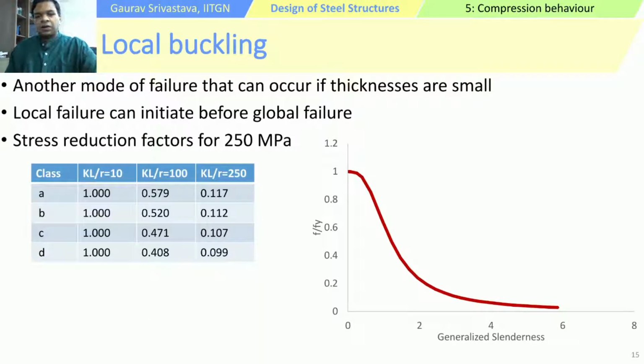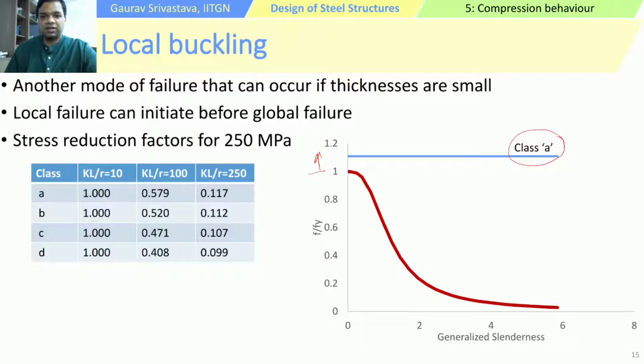Now, when we say buckling class A, as we move from buckling class A to D, we are considering more and more effects of imperfections. Okay. So, in fact, more and more effects of local buckling. So it is possible to say hypothetically that for class A, the local buckling stress is actually more than, let's say, the initial yielding stress.